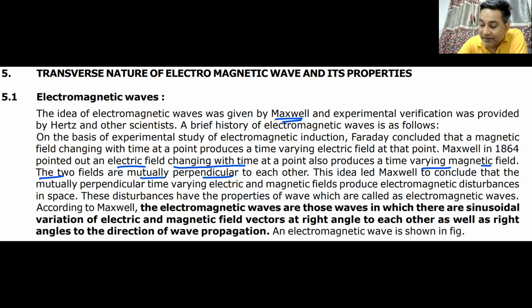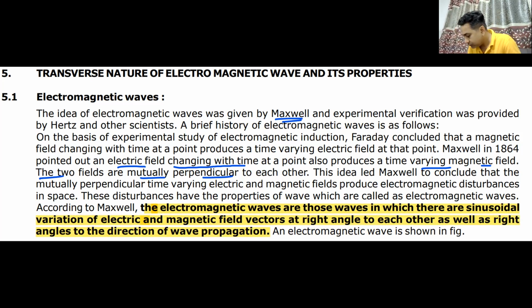What are electromagnetic waves? Electromagnetic waves are those waves in which the variation of electric and magnetic fields is sinusoidal, meaning in the form of a sine wave. Both fields vary with time, and they are in mutually perpendicular directions. A time varying electric field creates a time varying magnetic field.